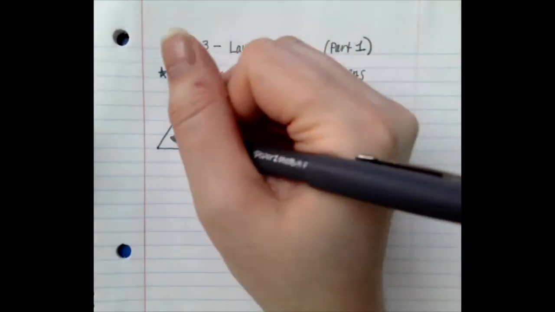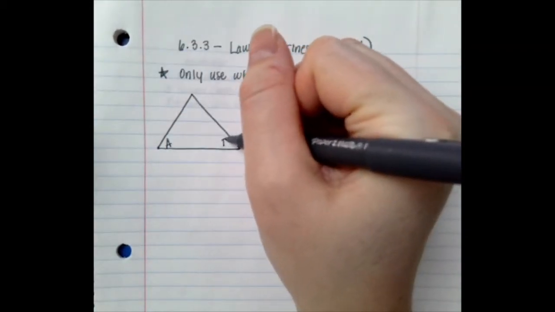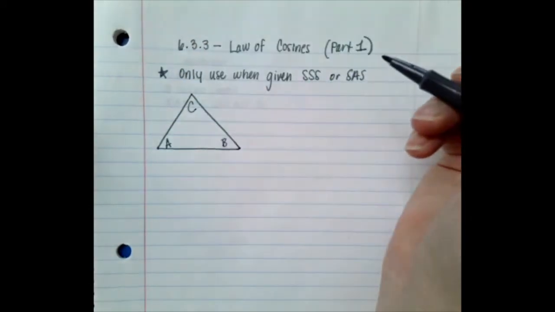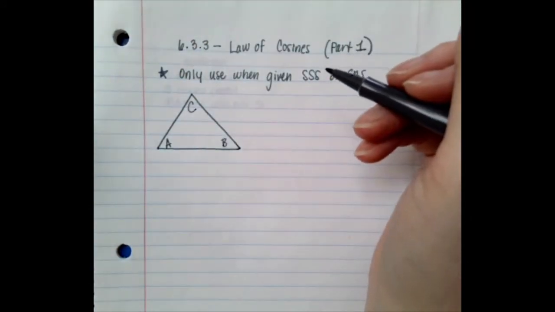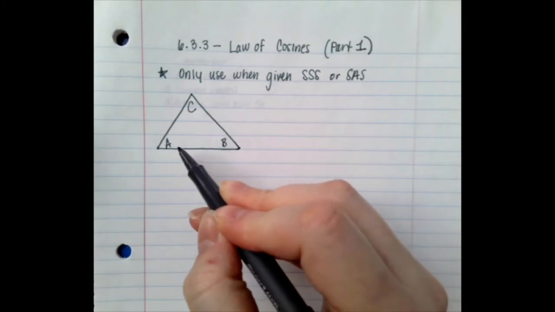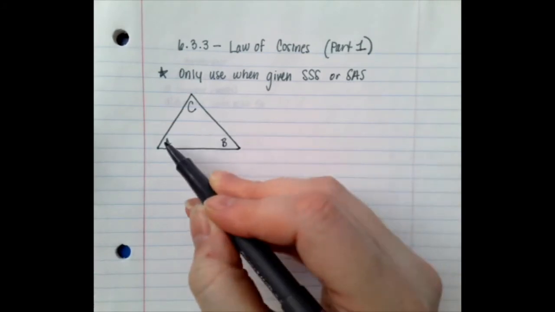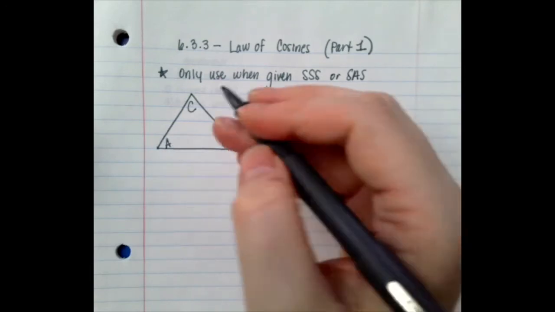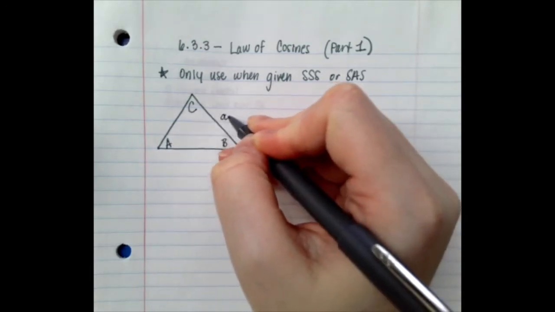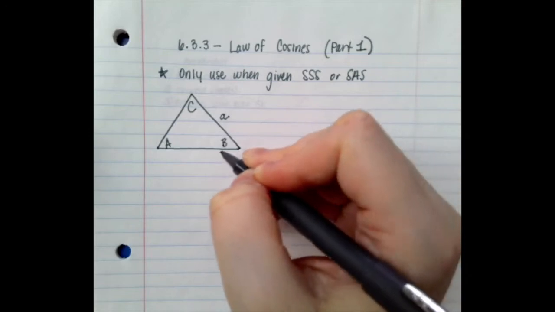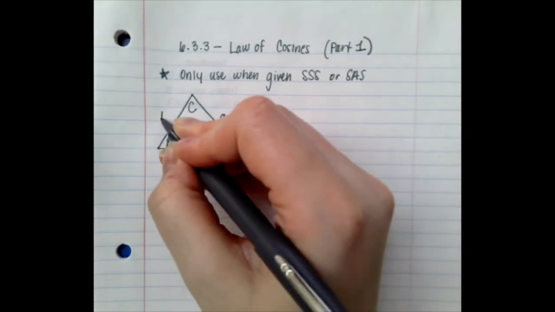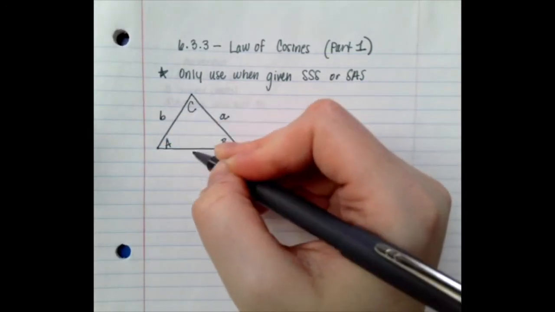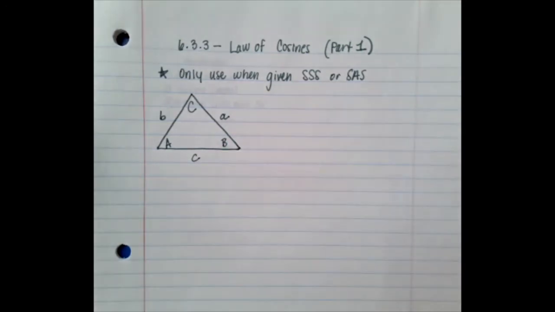Capital letters are going to be our angles, and lowercase letters are going to be our sides. For the law of cosines, we're matching up the angle and its opposite side. So capital A is over here, and directly across would be its matching side, little a. Capital B all the way across is little b, capital C all the way across is little c.